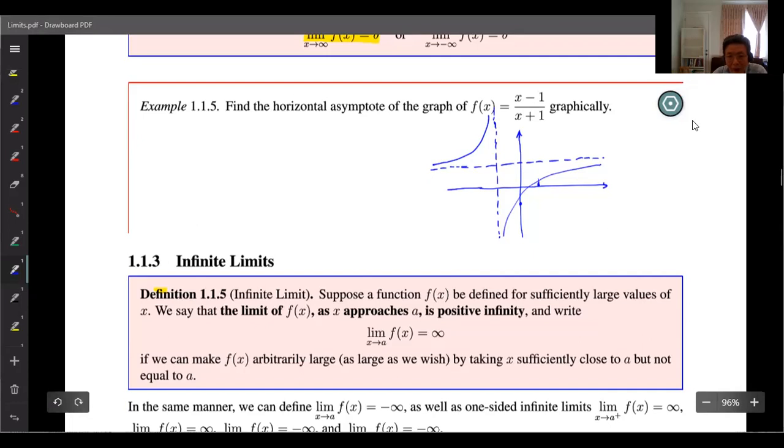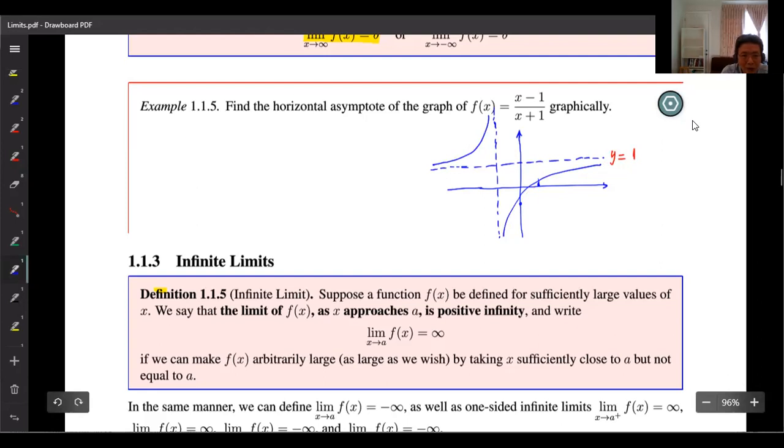Yes, the horizontal asymptote is this one. As x approaches infinity, either positive infinity or negative infinity, the function approaches 1. So our horizontal asymptote is 1. No, sorry, we don't say 1. We say y equals 1 because it's always a line.